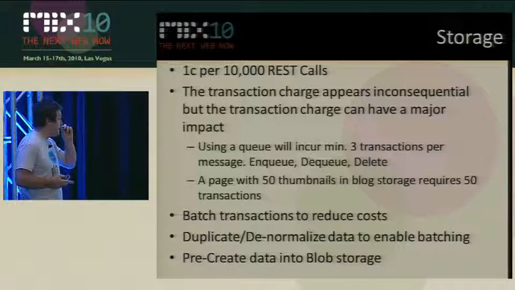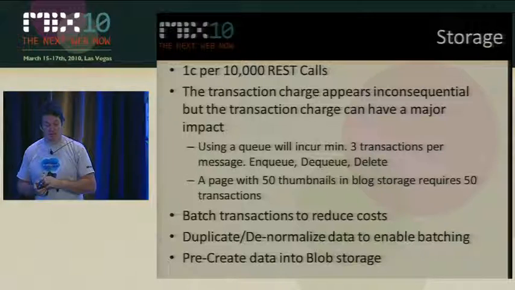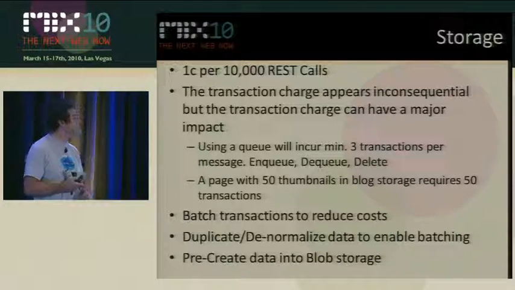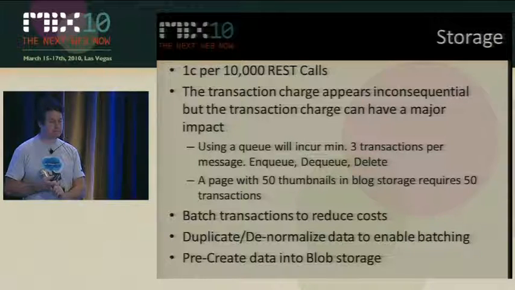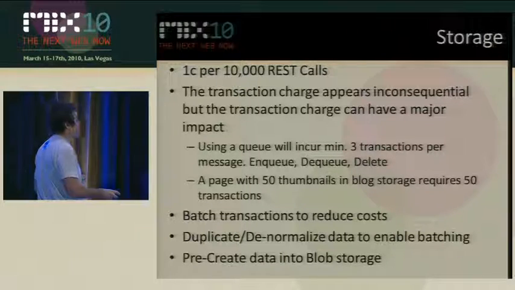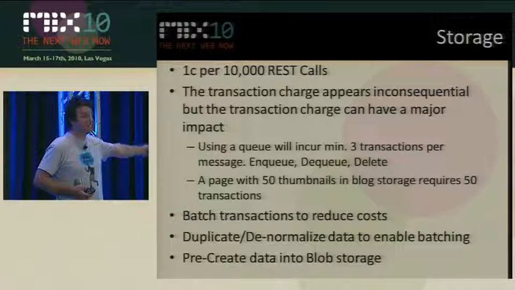You want to try and batch your transactions to reduce your costs. And therefore duplicate and denormalize your data to enable that batching. And there may be opportunities to pre-create data into blob storage. So for example, you could pre-create CSS sprites and stick them in blob storage.